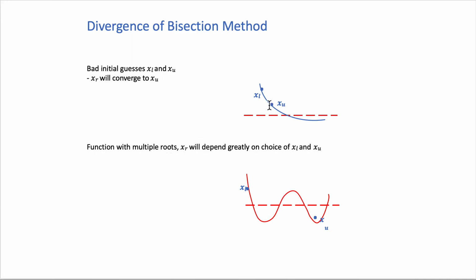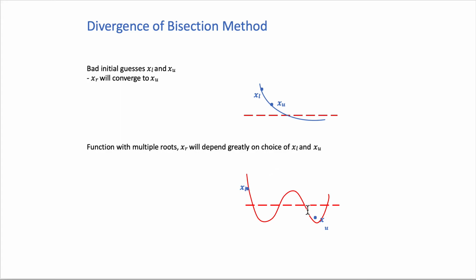In this example up top, you have an example where the initial bracketing is wrong, meaning f evaluated at x lower and f evaluated at x upper don't change sign, so you know there's a problem and there is no root in between. So it doesn't matter how many iterations you choose here. The bisection method is essentially not going to work out.